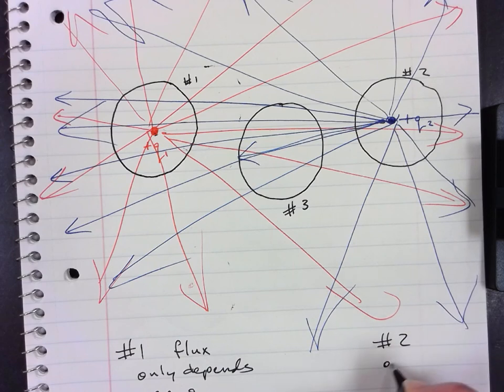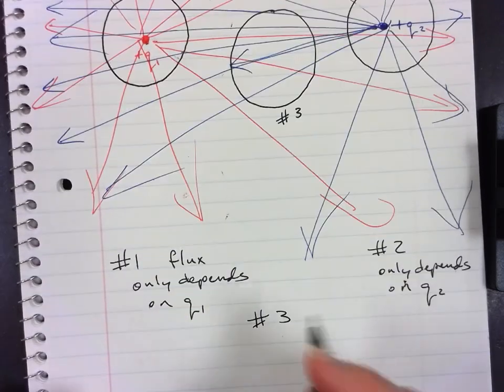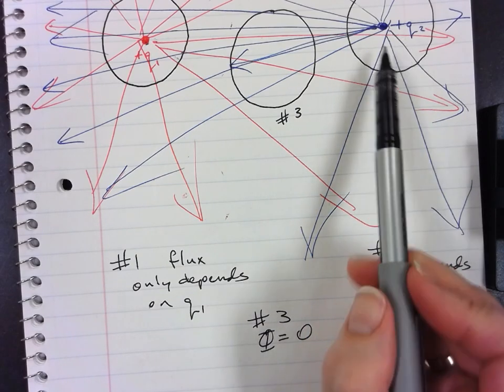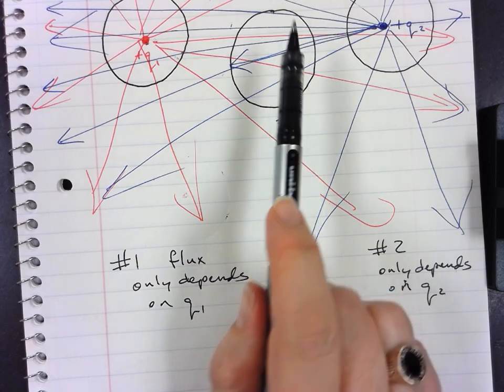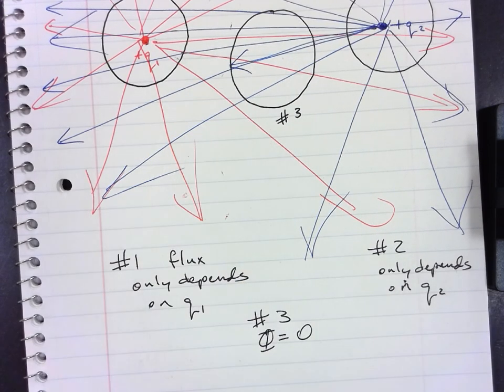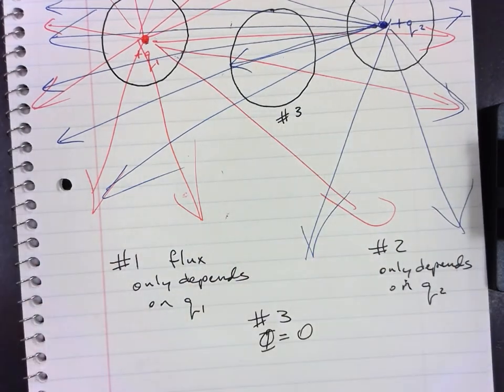Number 2 only depends on Q2. And in number 3, flux is 0 because all these electric fields enter and leave, so there's no flux from them. A different way of saying it is there's no charge enclosed. So only the enclosed charge matters.